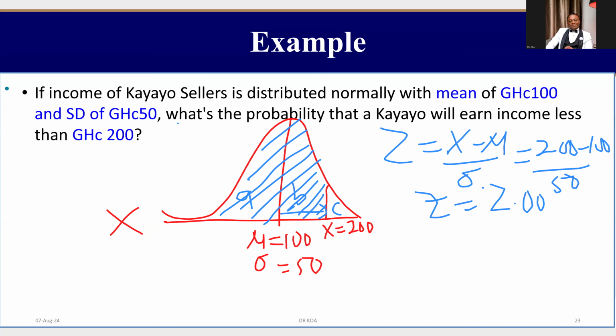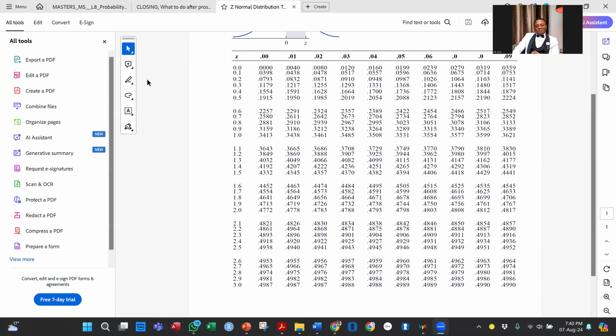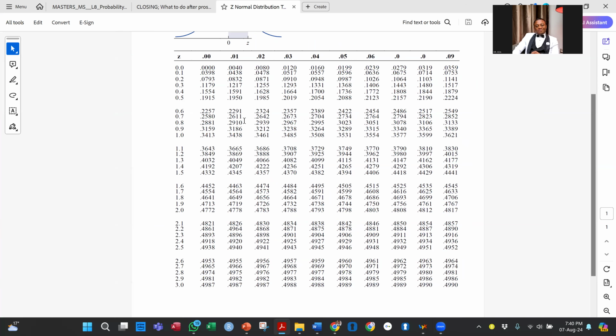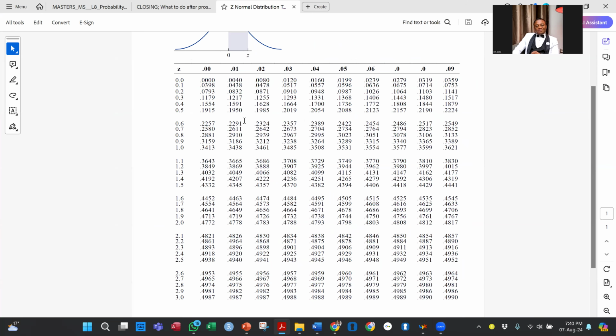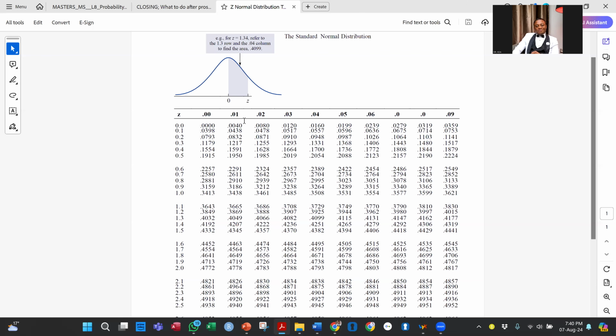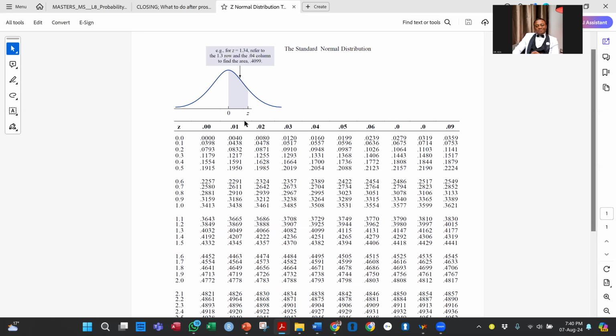And on your screen, you see this table. Now, this table is what you use, a standard normal distribution table. There are different ones, but they all arrive at a similar answer.